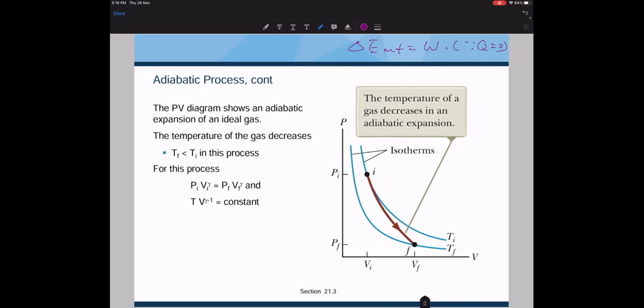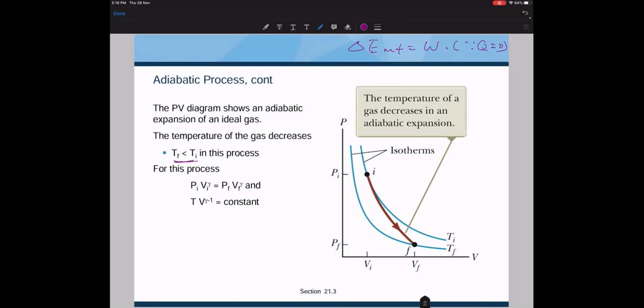In the expansion case, work done is negative. When the work done is negative, delta E is negative, meaning that the temperature of the gas should drop. So that is why final temperature is smaller than the initial temperature.